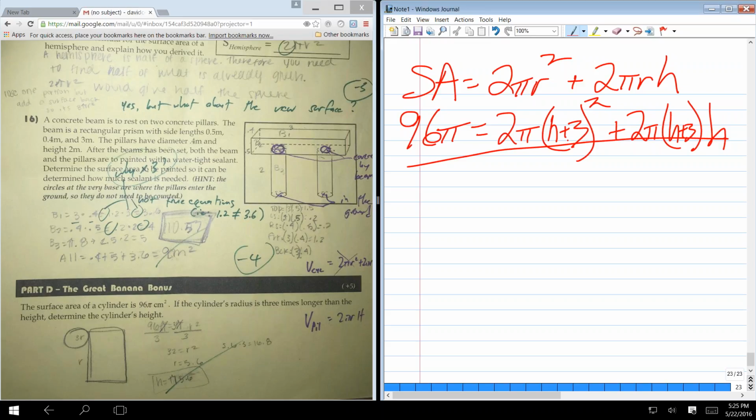And notice that these pi's are all going to cancel. That pi, and that pi, I'm going to divide both sides by pi. So pi's just went away. So whatever I come up with for h, not going to have pi in it. And just know that you almost never get pi as a linear dimension.